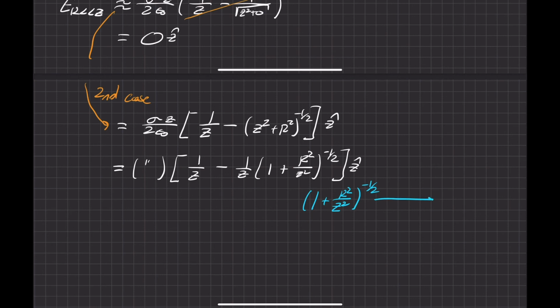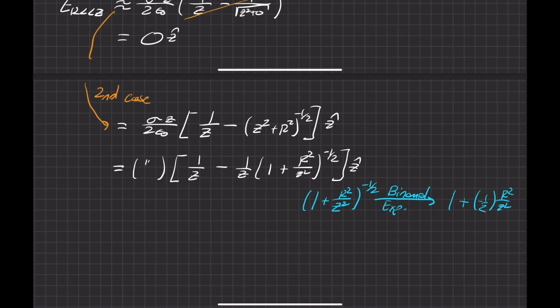So if we do a binomial expansion, this is going to end up being 1 plus the value that was within this portion right here, which is R squared over Z squared. The coefficient is going to be the exponent we originally had here, so that's negative 1/2.